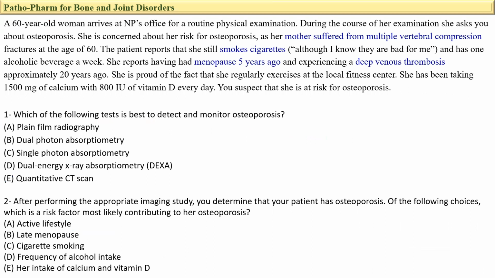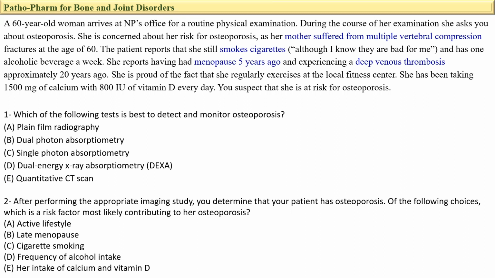The case study. After you read the case study, I highlighted some of the significant statements or hints associated with osteoporosis, and the answer to this one would be the DEXA.